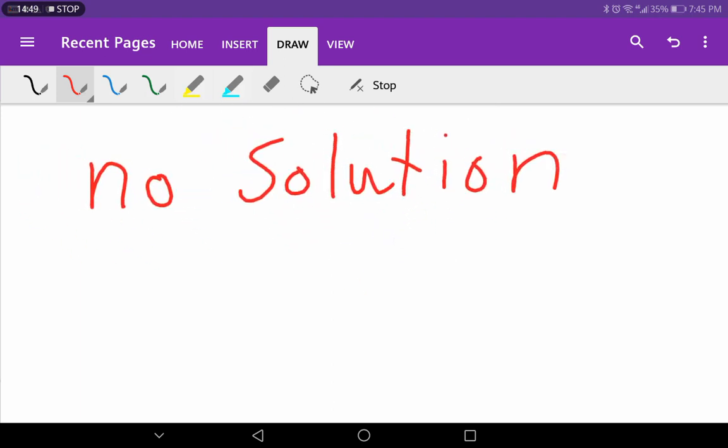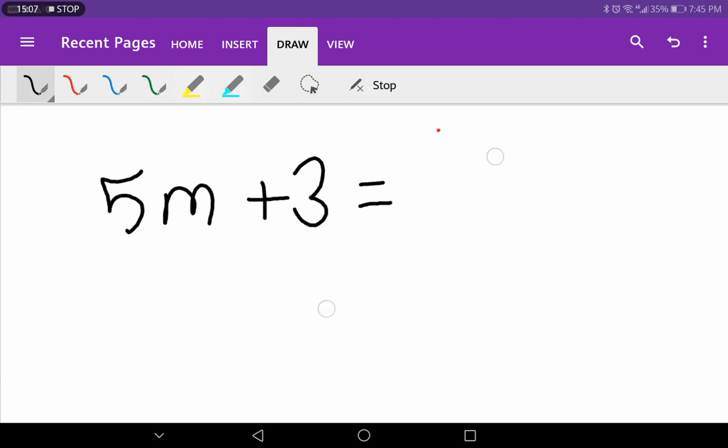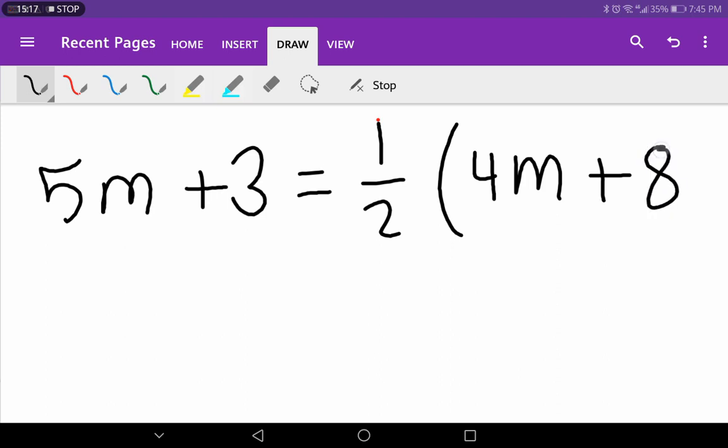Okay. So let us take one more example and we finish. So if we have, for example, 5m plus 3 equal 1 over 2 times 4m plus 8.